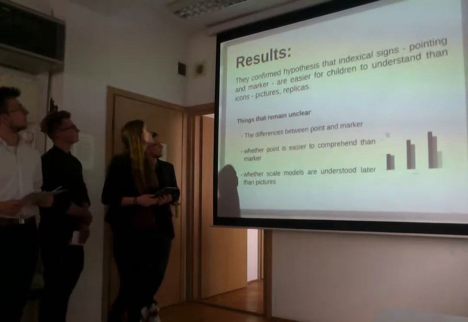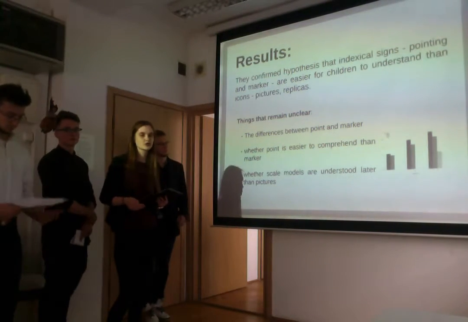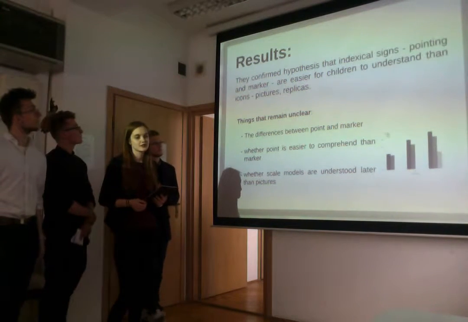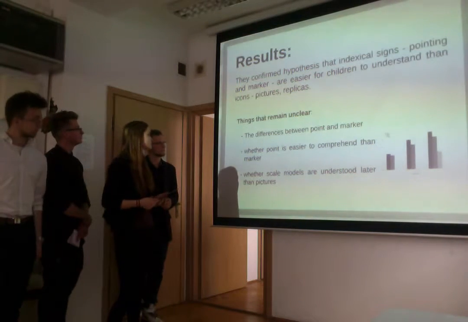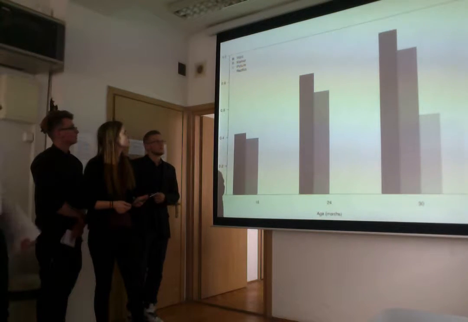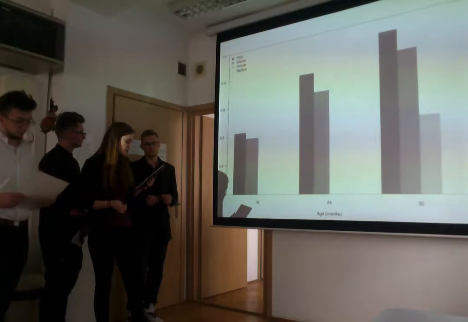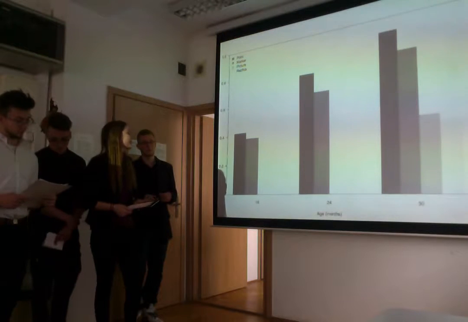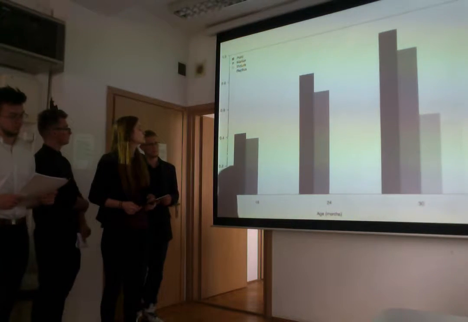And the results confirmed the hypothesis that integral signs such as pointing and marking are easier for children to understand than icons. And as you clearly see, the understanding grows with the age of the children.